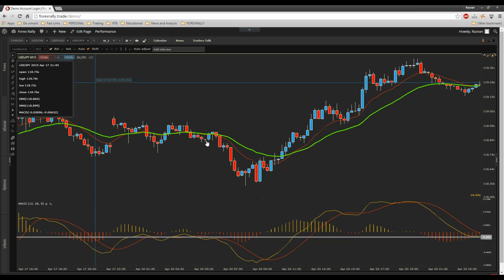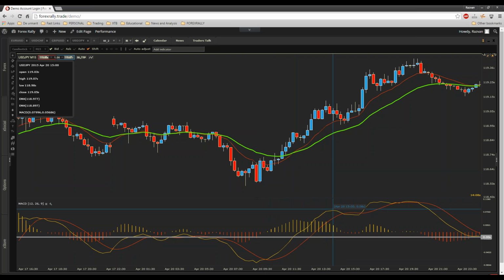Now, in theory, when you see this cross and a confirmation with a closing candle, you will buy on the next trade, use the low to put a stop loss, and use price action like this resistance here to get out of the trade. Of course, you can buy here and wait for the opposite signal.